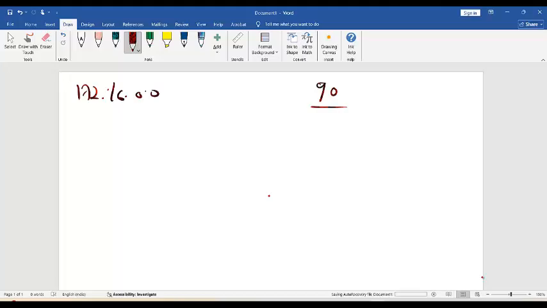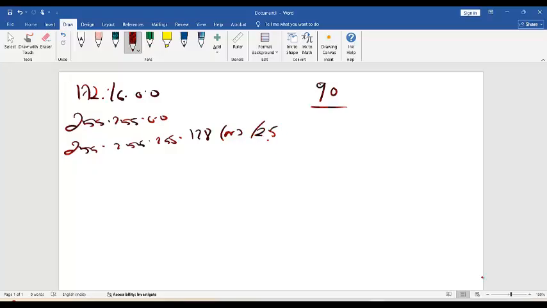Number of bits for 90 is 7 bits. So the new subnet mask is, this is the default. The new subnet mask is going to be 255.255.255.128 or /25.